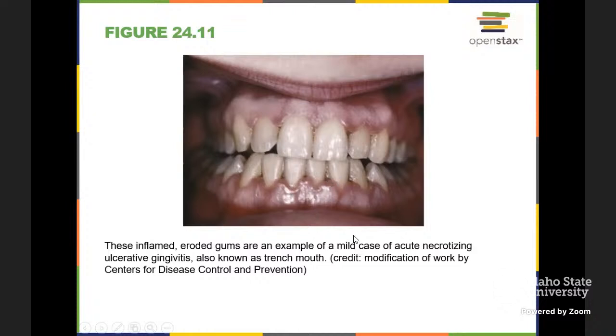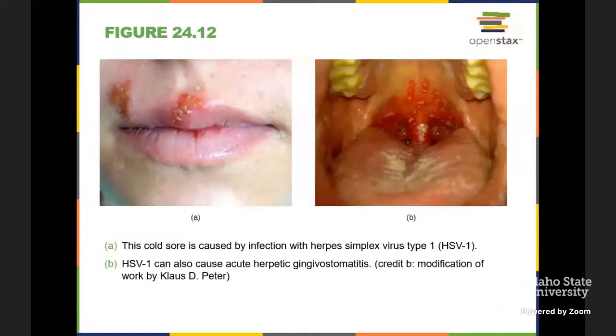Definitely, although it says mild case, this can be a pretty serious occurrence, and we think of advanced periodontitis, ulcerative gingivitis, right? So we've got serious issues at the gum line, and a handful of these bacteria, anaerobes, create some stinky breath as a result of that.